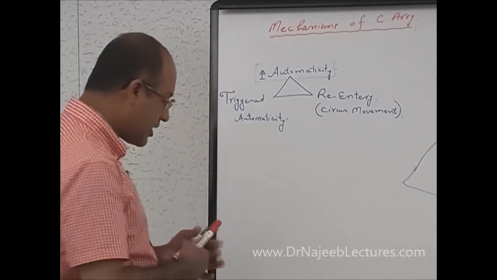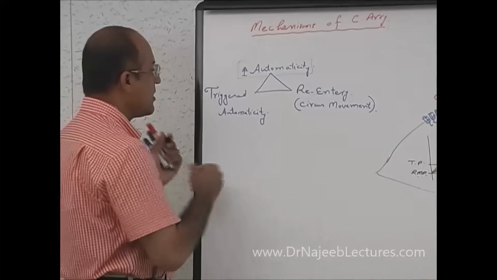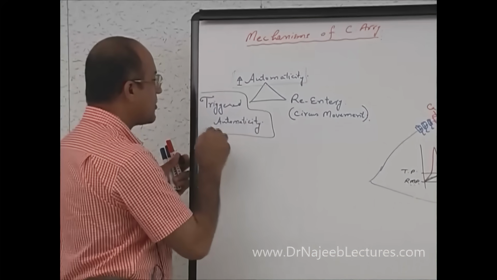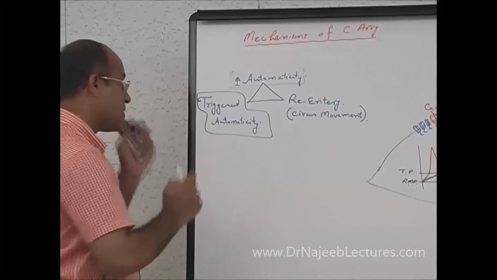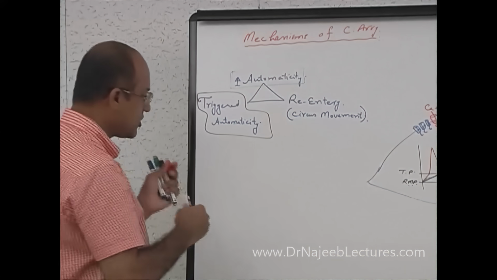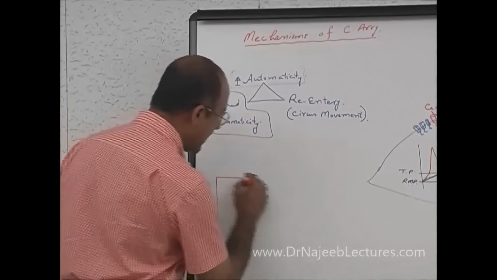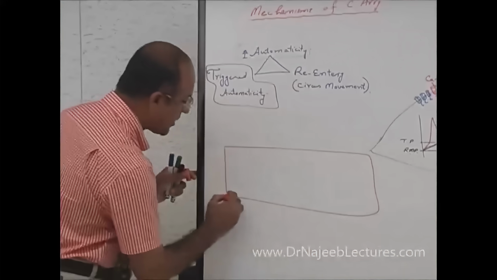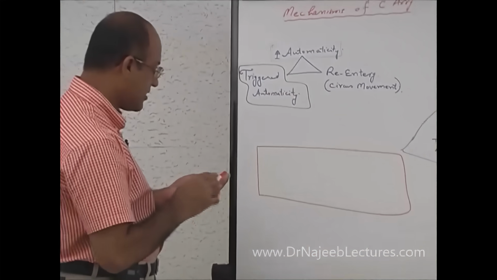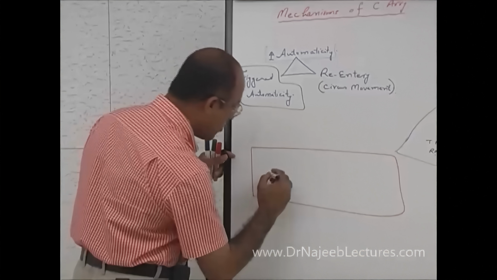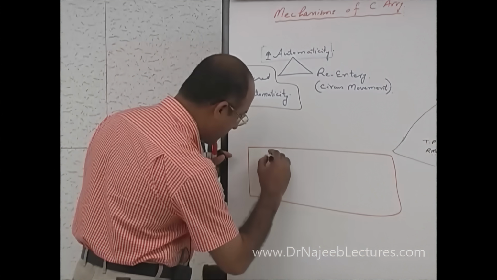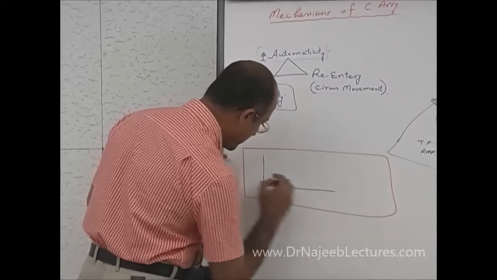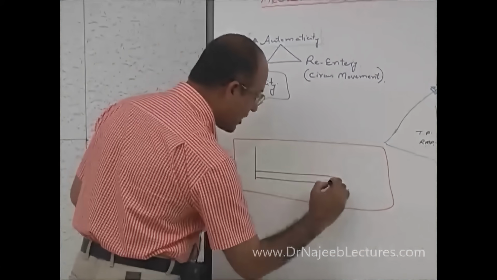So this was one example of how increased automaticity can produce tachyarrhythmia. Now we come to another example where triggered automaticity can lead to tachyarrhythmia. Let's suppose we talk about a ventricular cell. This is a cell from the ventricle, and first I will draw the normal ventricular electrical properties.